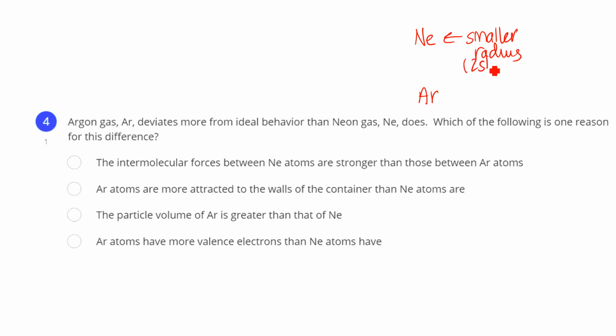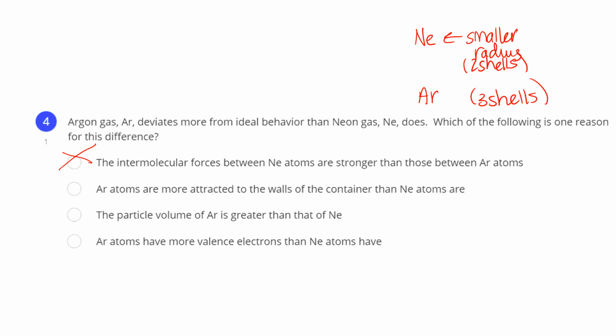Neon only has 2 shells, and argon has 3 shells. So the first option, that IMFs for neon are stronger than those of argon, doesn't really fit because they both have dispersion forces. If anything, neon's going to have weaker dispersion forces because it's got a smaller electron cloud.